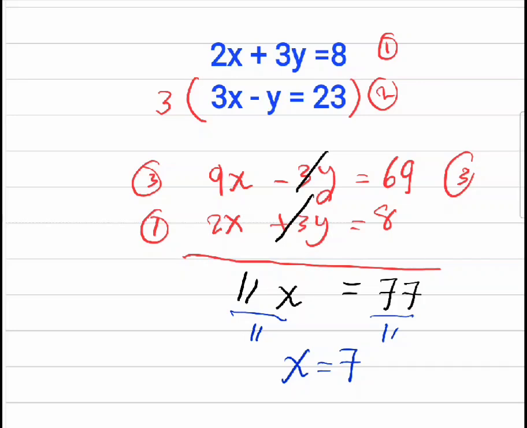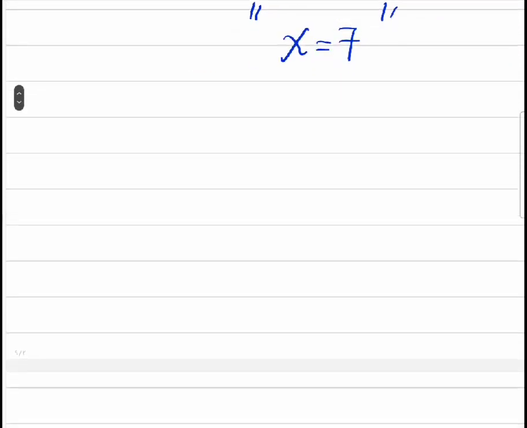So let's go up here, and we're going to substitute x is equal to 7 into the second equation. So I'm just going to write substitute into, just to keep track of what we're doing.